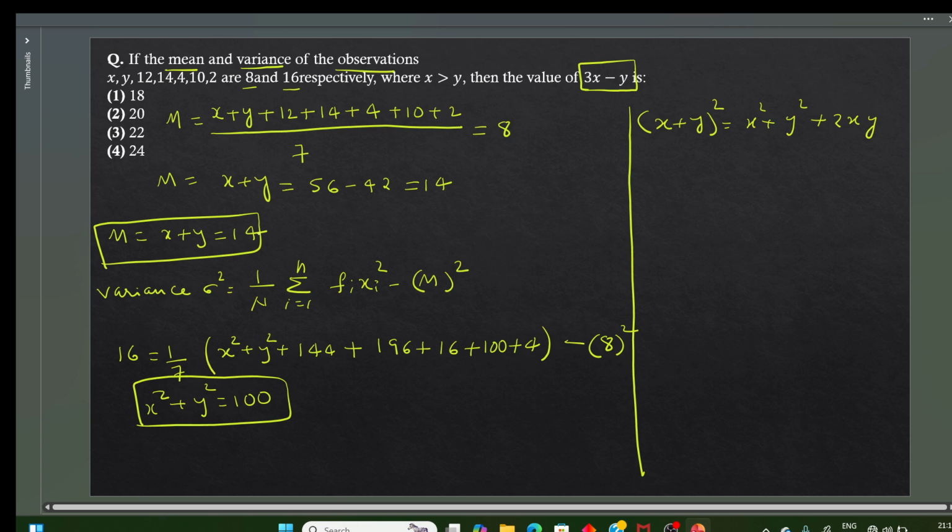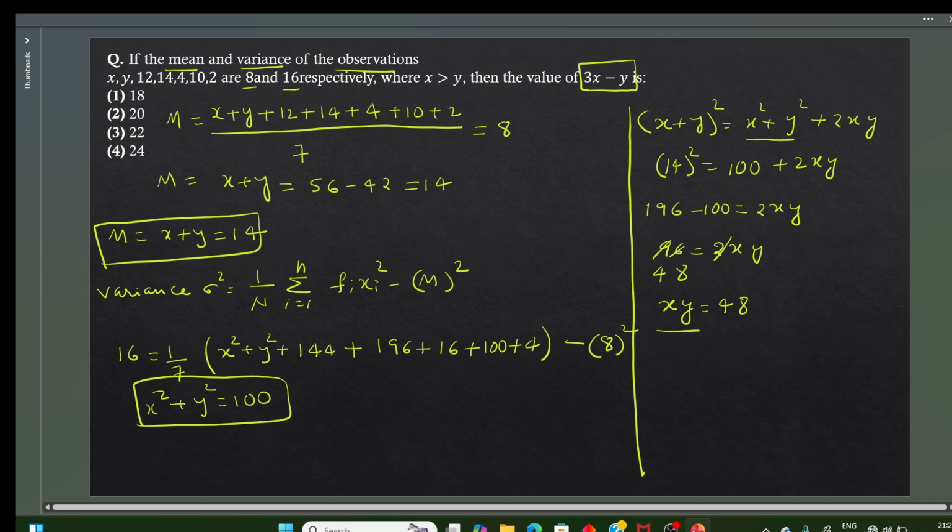So 14 square is equal to 100 plus 2 into x into y. 14 square is 196, minus 100 is 96, equal to 2xy. Dividing by 2, what is the xy value? 48 is the answer. 48 is xy.